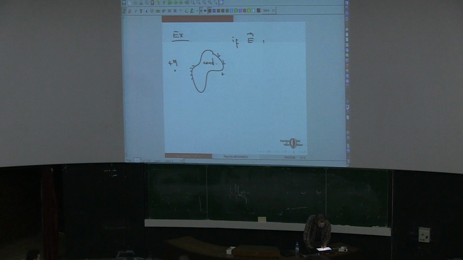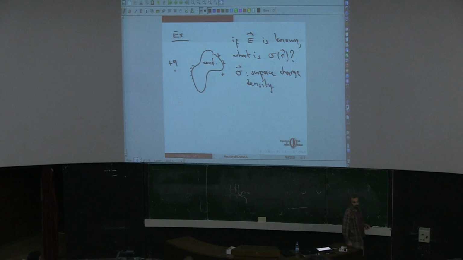If E is known, what is sigma, let's say, at the point R? Sigma is the surface charge density. How can we determine that?